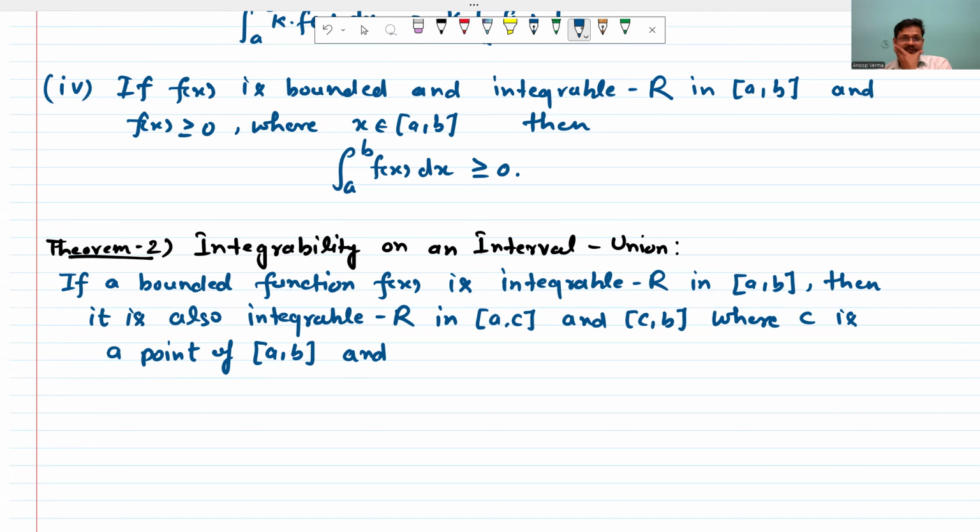So what it is saying is, if there is a function integrable in the closed interval [a, b], and we choose any point between a and b, and we break the interval into a to c and c to b, then the function is also integrable in both the intervals a to c and c to b.